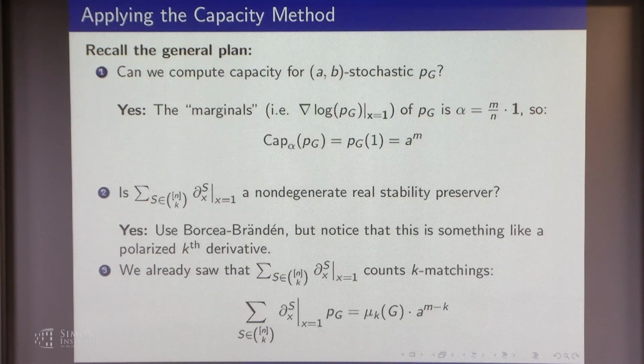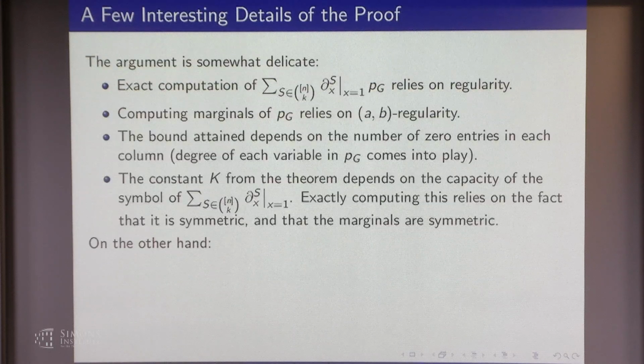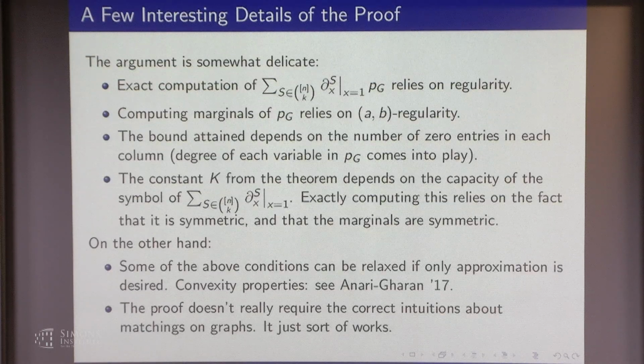And I will say, I don't have really any time left, so I'm going to make one last comment about this. I'm going to put a bunch of stuff here. You can read this if you want while I'm telling this quick story. But maybe one of the more interesting things about this is this proof doesn't really require the correct intuitions.